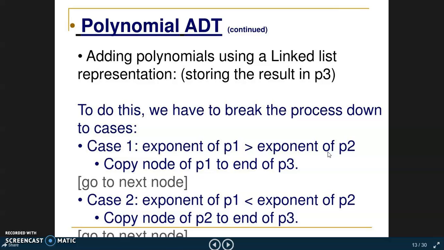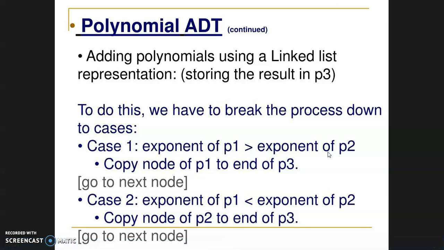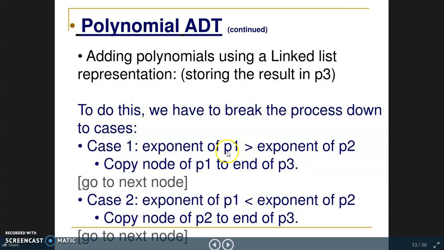Say you are checking the first element of p1 and the first element of p2, and the first element of p1's exponent is greater than the first element of p2's exponent, then we will copy the p1 into the p3. That is, the resultant polynomial is p3. So within that we'll copy the p1 element.